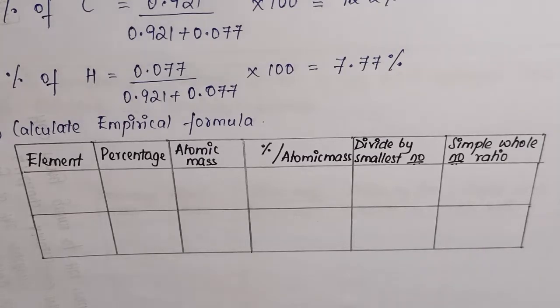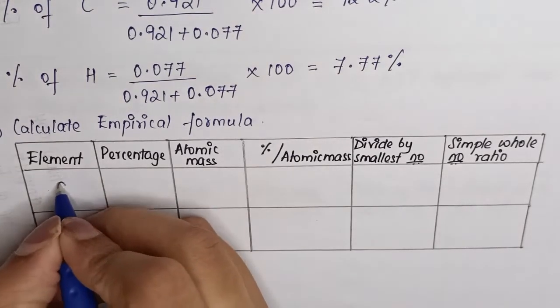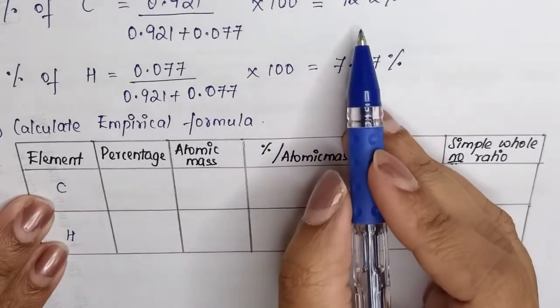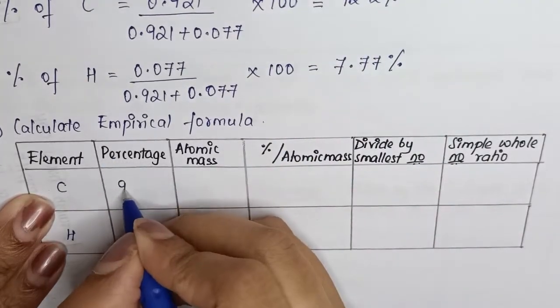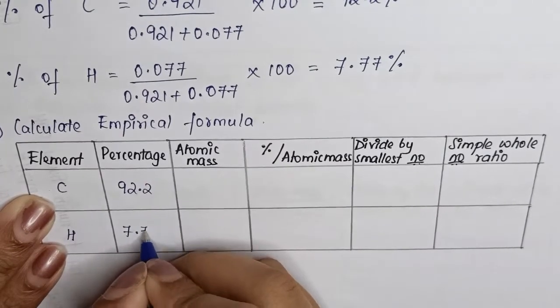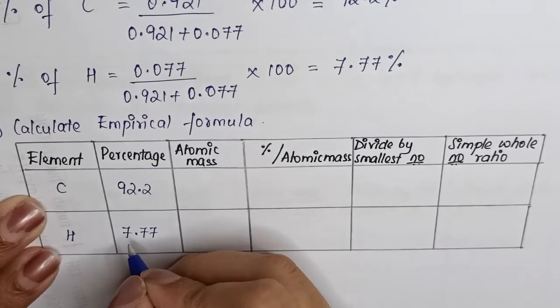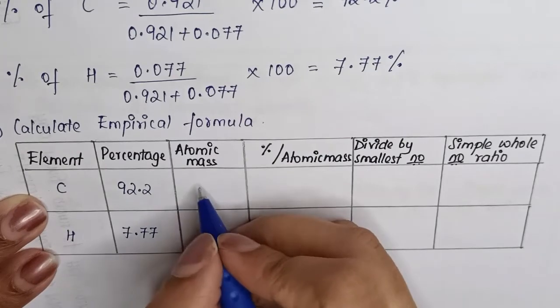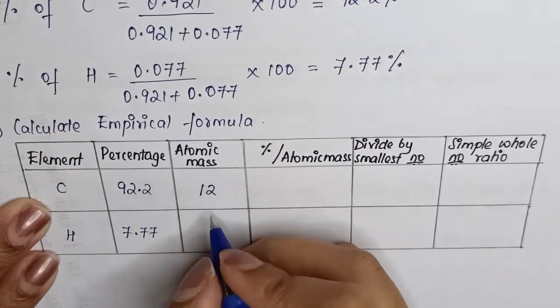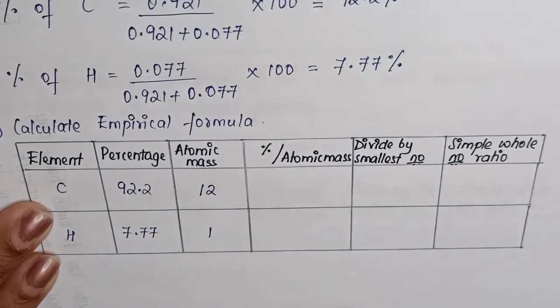So here we will put the values accordingly. So we have carbon and we have hydrogen. Percentage for carbon is here, we have 92.2, and percentage of hydrogen being 7.77. Now atomic mass of carbon is 12 and for hydrogen is 1.